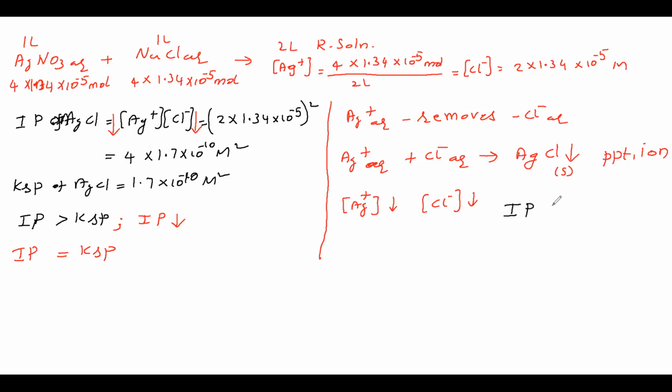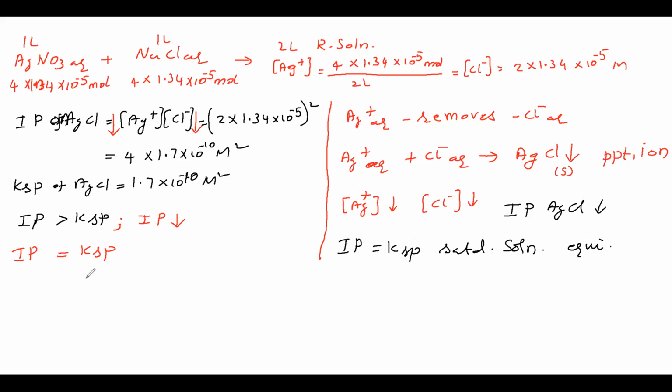Therefore, the ionic product of AgCl goes on decreasing. When ionic product becomes equal to solubility product, the system becomes a saturated solution. The system comes to equilibrium, the system stops precipitating, and stops removing Ag plus and Cl minus from solution.